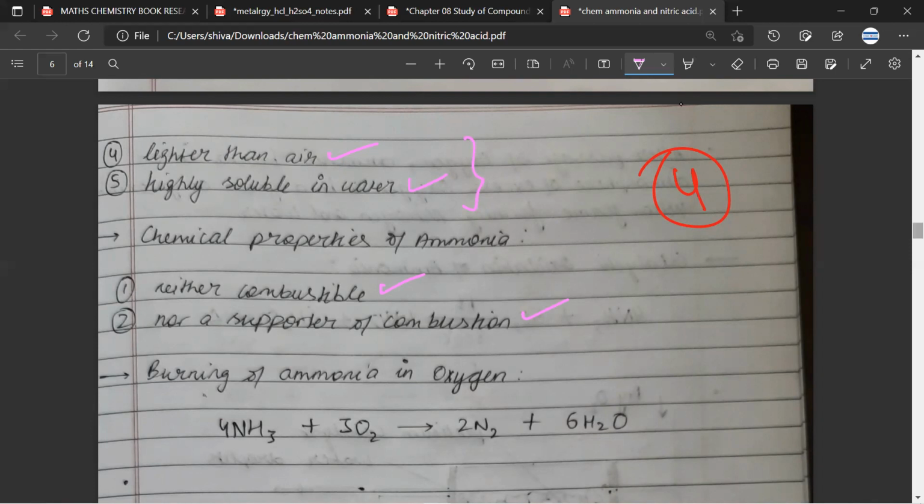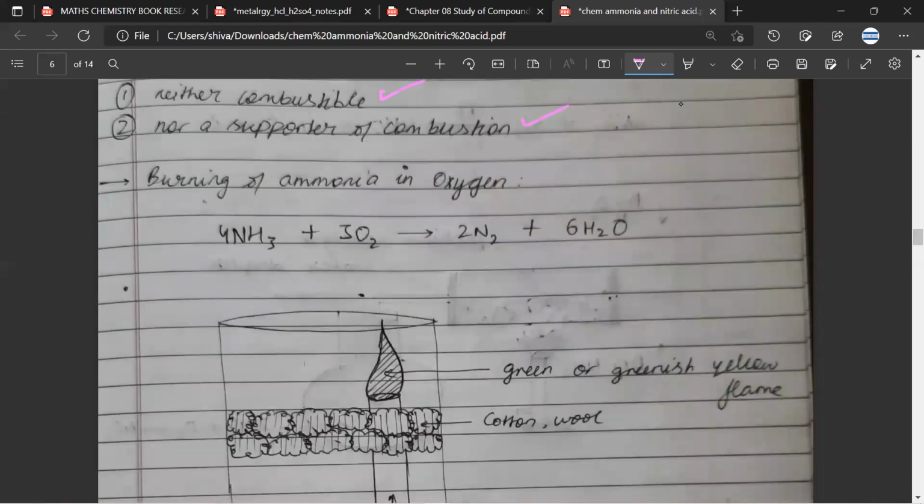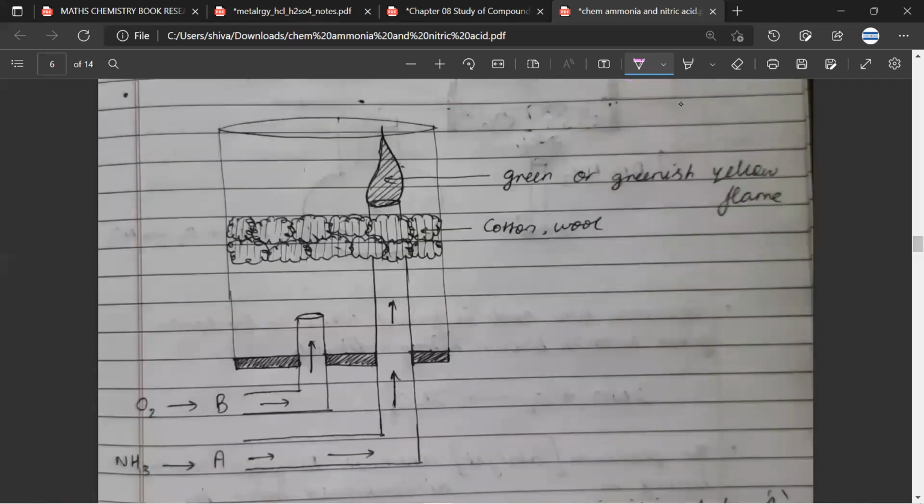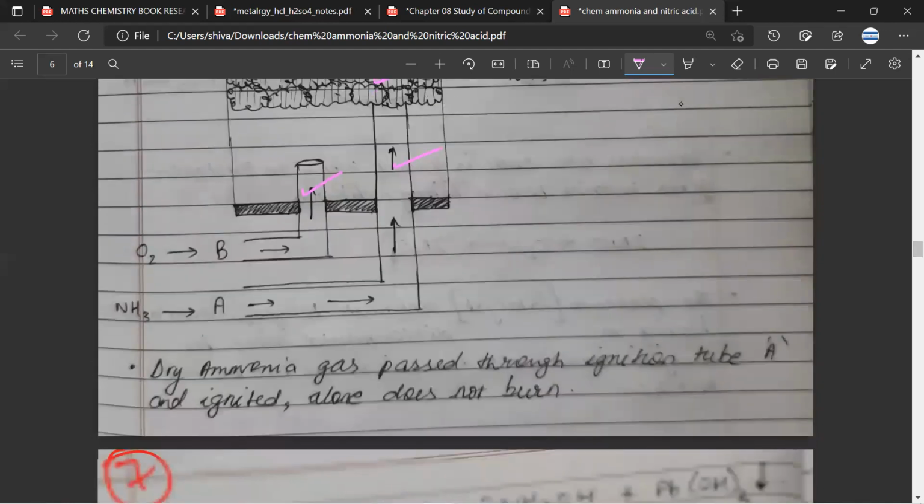Now we will study the burning of ammonia in oxygen. In the burning in oxygen, ammonia is burnt in excess of oxygen to produce nitrogen and water. So this is a rough representation of the entire reaction. This is a greenish yellow flame, this is a cotton, and these are ignition tubes. Dry ammonia gas passed through ignition tube A and ignited alone does not burn.